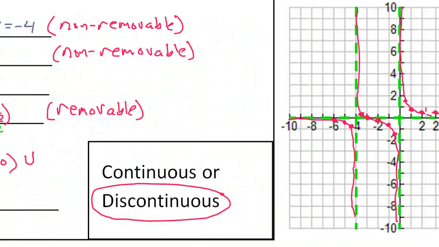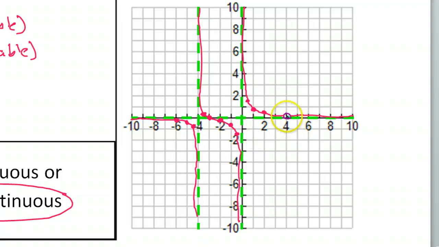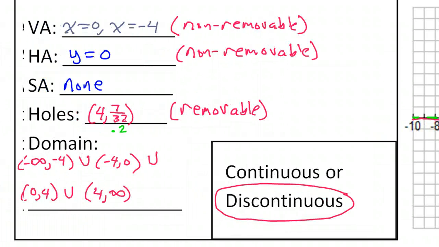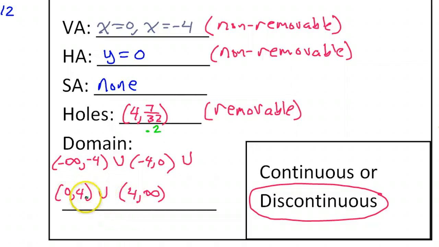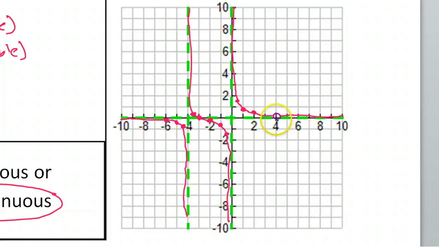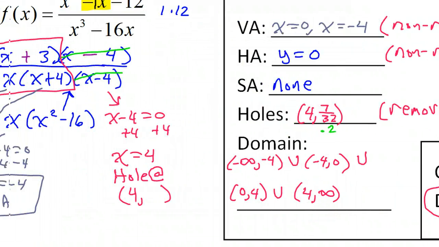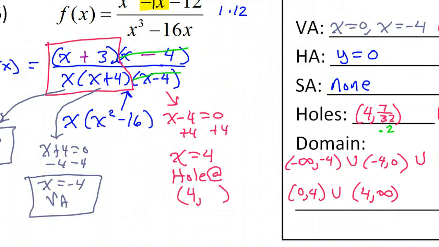And then it's going to pick up from there, so the last part goes from 4 to infinity. Alright, 4 to infinity. And we'll leave these as round parentheses to show that the hole itself is not included. Okay, 4 itself is not included. And that is it for problem number 6.